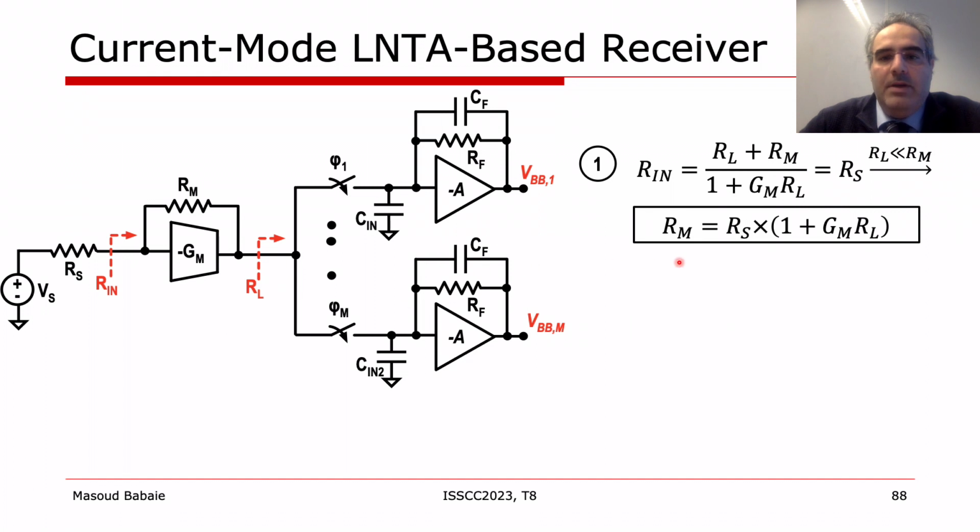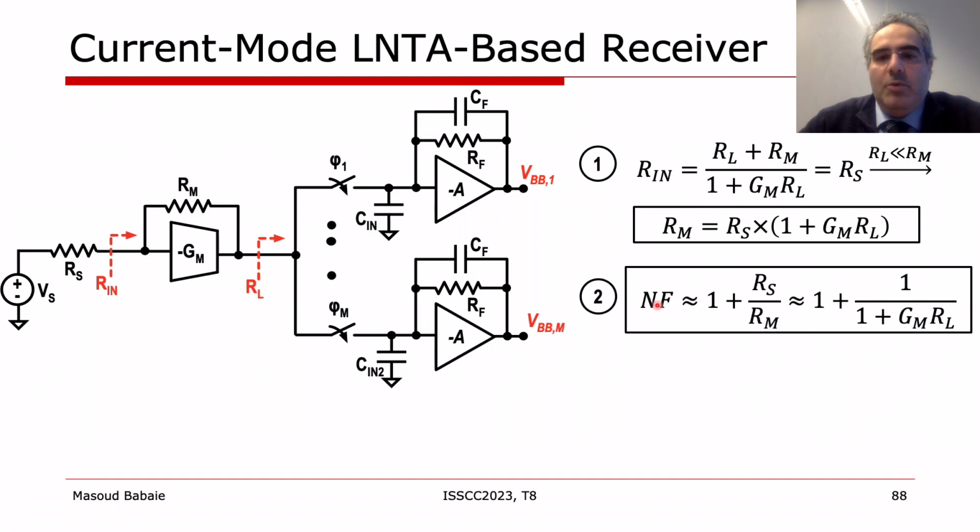To satisfy the input matching, Rm should be equal to Rs times 1 plus GMRL, where RL is the load impedance of the transconductance. The noise figure of this receiver is proportional to 1 plus Rs over Rm. Considering the input matching requirement, the noise figure is inversely proportional to Gm times RL.